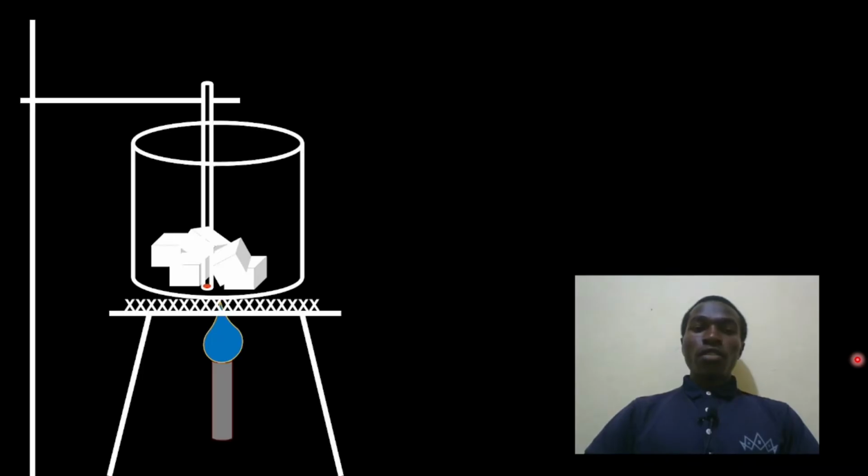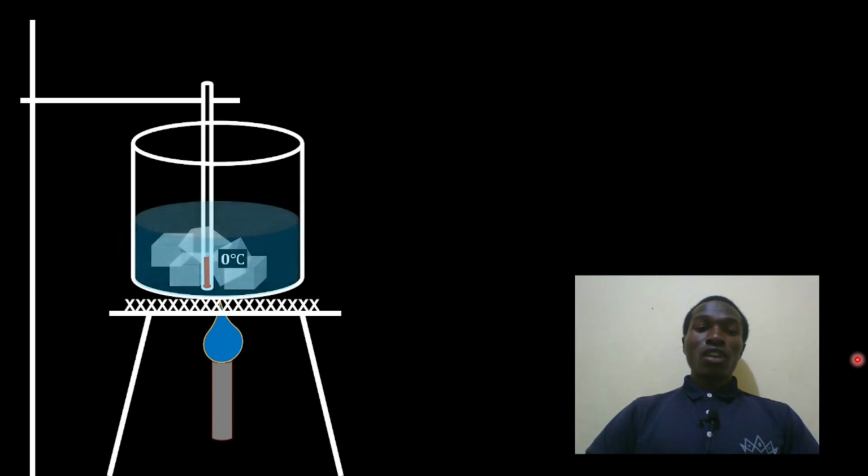When pure ice is heated, its temperature starts rising until it gets to 0 degrees Celsius. But something dramatic happens here. You know what it is? Well, the temperature stays the same until all ice has melted.